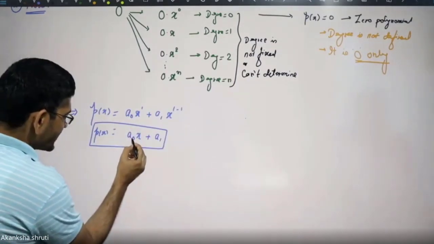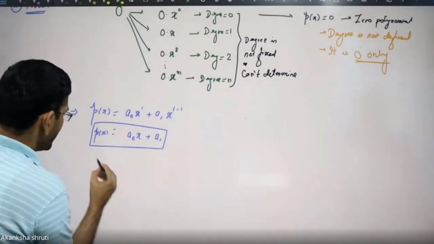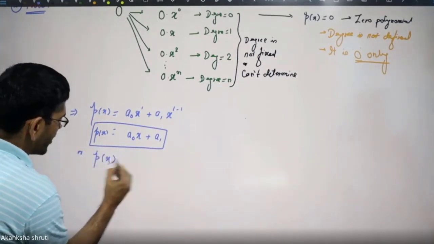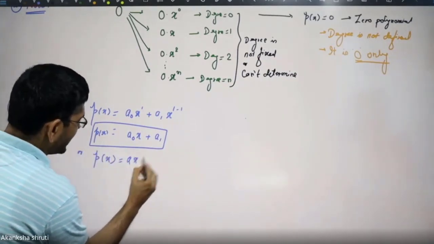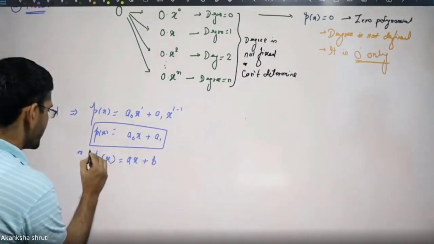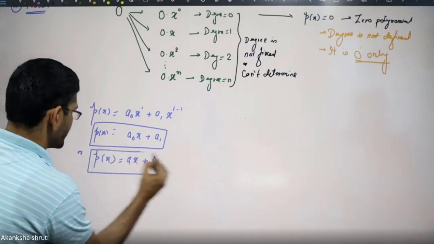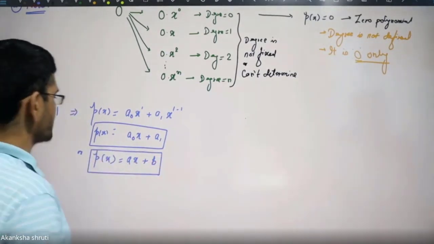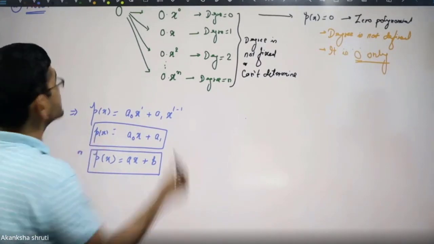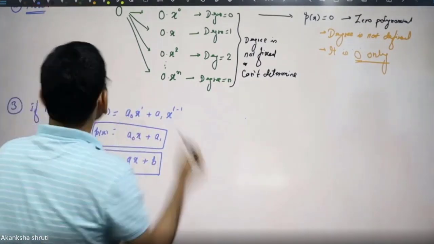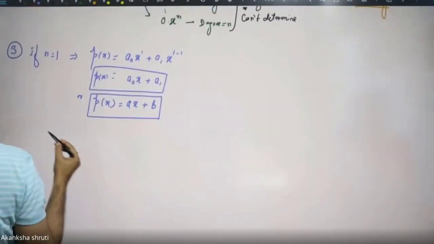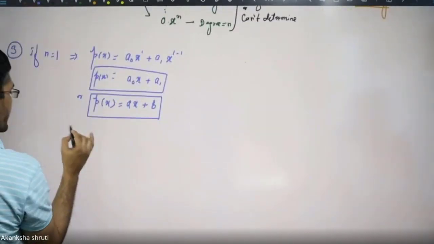Such a polynomial is called a linear polynomial. Sometimes, rather than writing a0, a1, we denote the coefficient of x by a only and the constant term by b only. It means the same thing, whether you denote it by this form or this. Here the degree of this polynomial is 1. Let us write a few examples.